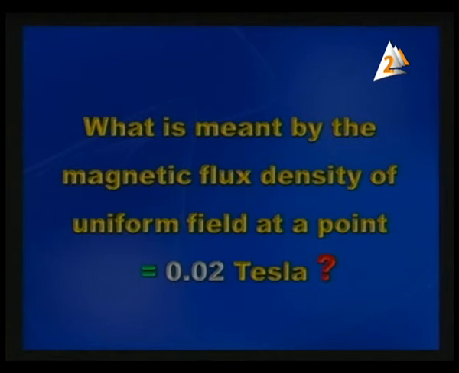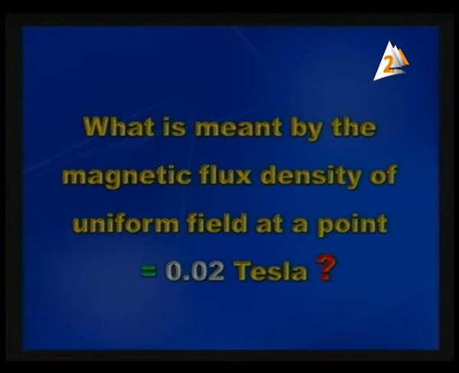And now we've got a question. What's meant by the magnetic flux density of a uniform magnetic field at a point being equal to 0.02 Tesla?